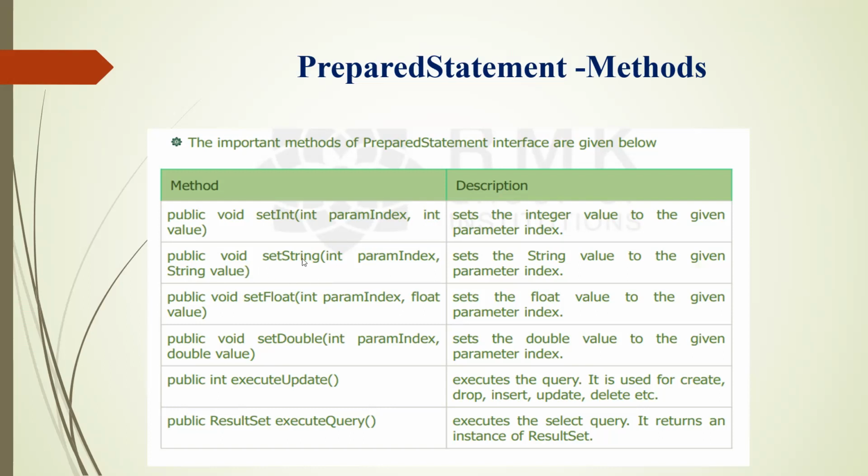And then we have the method setString(), which is used to assign a string value to the particular parameter index position. Then setFloat() will set the float value at the parameter index position. setDouble() will set the double value at the parameter index position. executeUpdate() is used to execute the prepared statement.